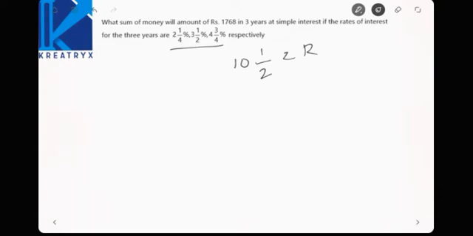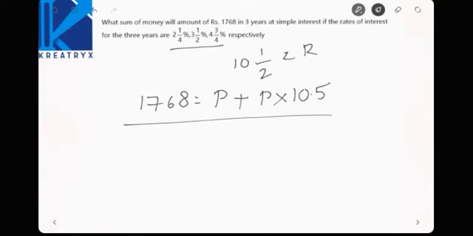Now the total amount received is 1768, that must be equal to principal plus principal into rate of interest 10.5. This is interest and this is principal, and the addition of these two will get you the total amount.